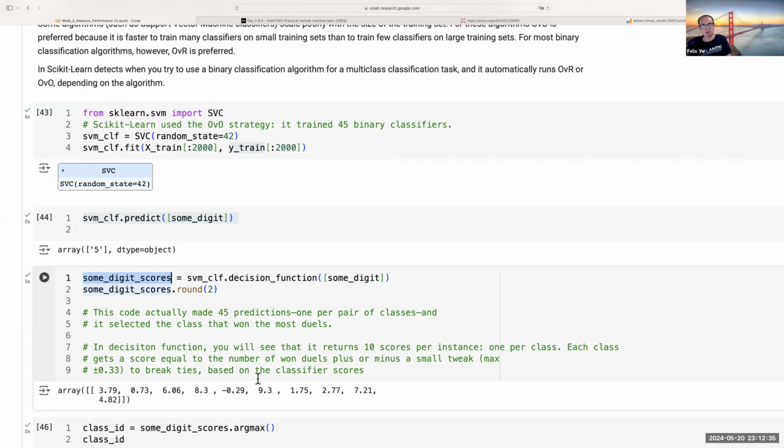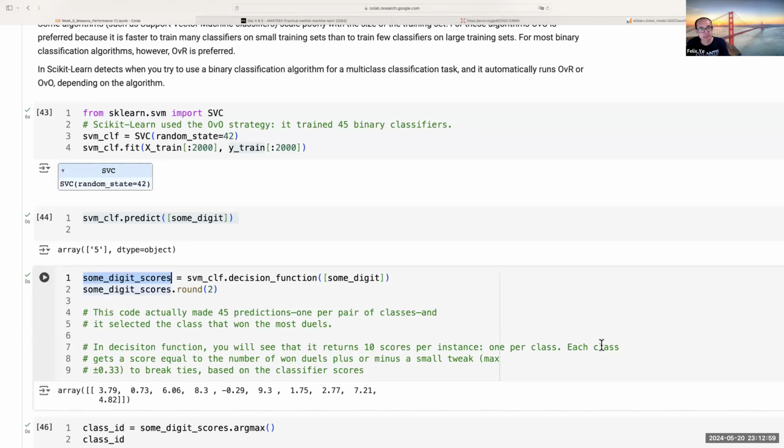But you have to be a bit careful here. As I mentioned, it actually uses the one versus one strategy, but what you are getting is not 45 predictions. What you actually get is 10 scores, one per class.